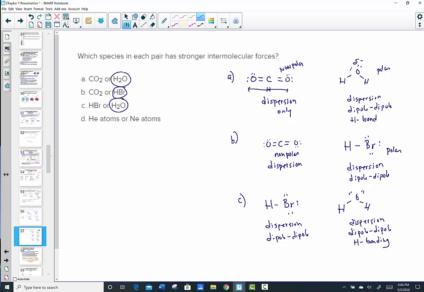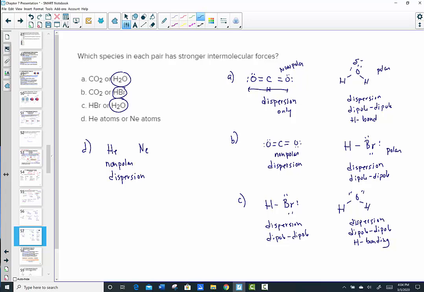Now, what might not be so obvious is comparing helium to neon, because these two atoms, well, they're not going to exhibit polarity. These are non-polar, right? They're just a single atom. So the only type of force they have is dispersion forces. So what would influence the attraction between these?